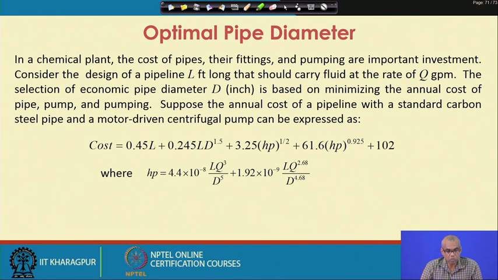The selection of economic pipe diameter D in inches is based on minimizing the annual cost of pipe, pump and pumping. Suppose the annual cost of a pipeline with a standard carbon steel pipe and a motor driven centrifugal pump can be expressed as this expression.